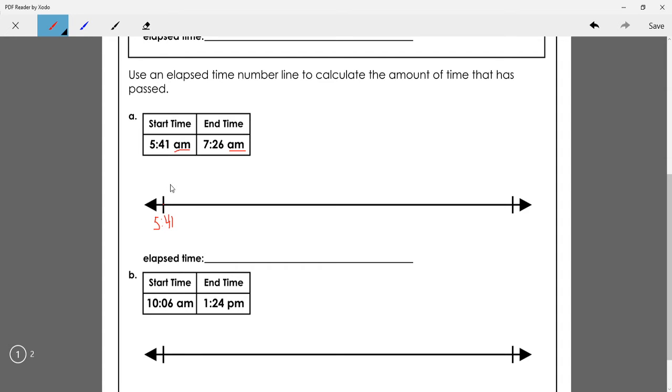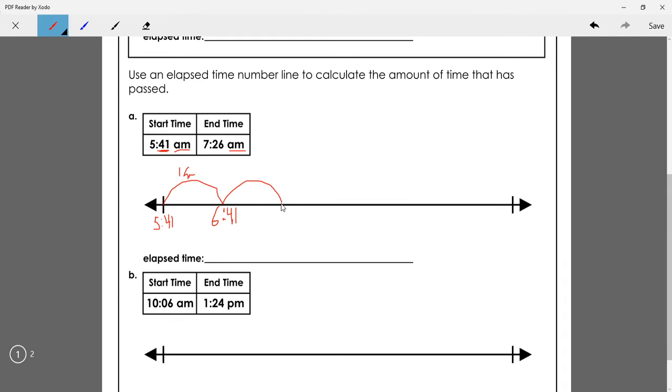Then I'm going to hop over right here, and go 1 hour, and this would be 6:41, right? Then from here, if I hop another hour, it would be 7:41. So then I have to figure out how many minutes it's going to take to get from 6:41 to 7 o'clock.